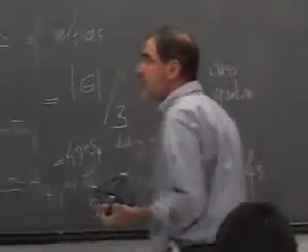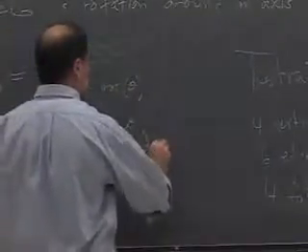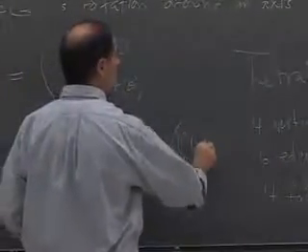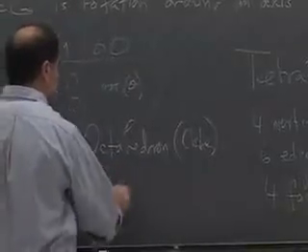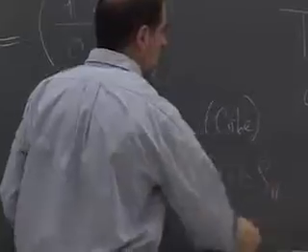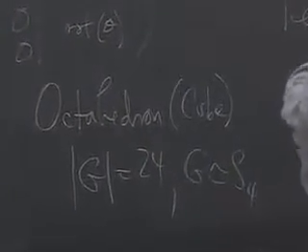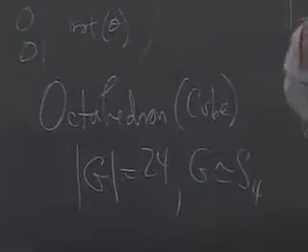Okay, final case. So the octahedron, or its dual, the cube. The order of G is 24, and in fact, G is isomorphic to S4, although I haven't told you what 4 things it's permuting, because we haven't gotten a natural set of 4 things here like we did here.